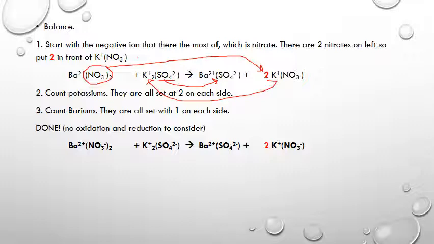The first step was to get 2 nitrates. The second step was to get 2 Ks. Then fix my bariums. There you go, and then you're done. No more. You don't have to do anything else.